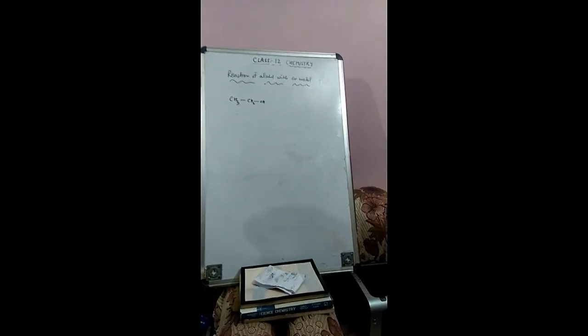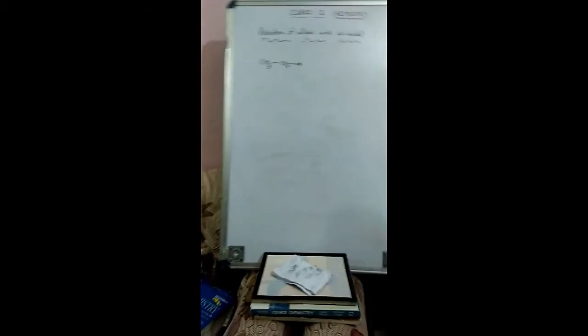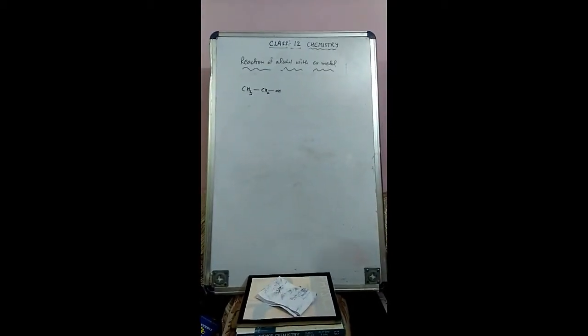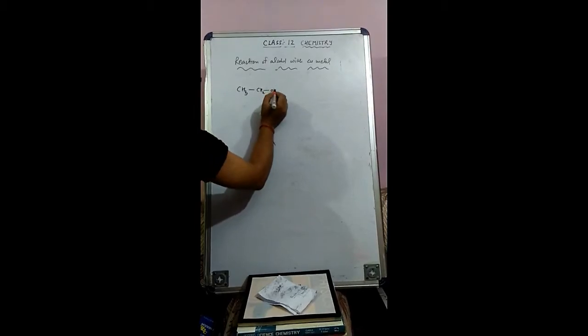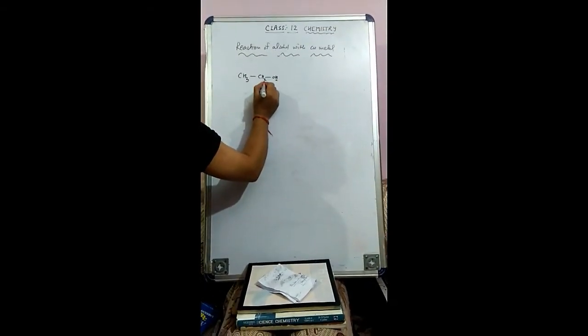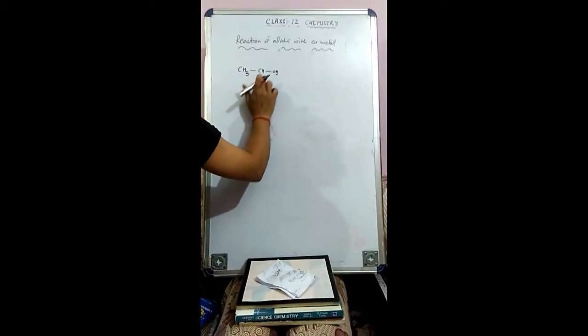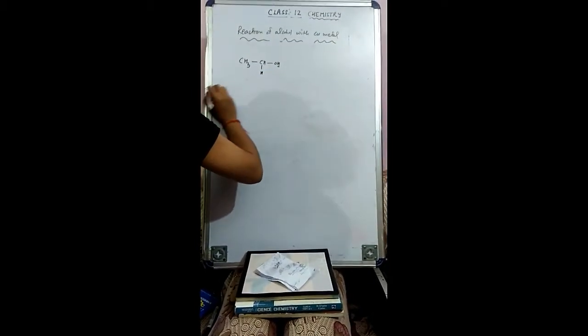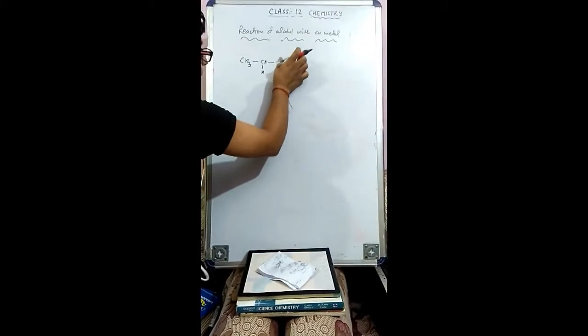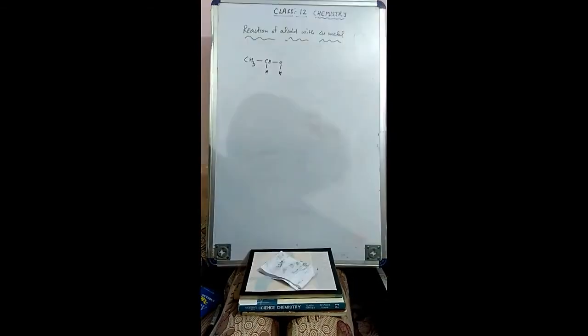If it reacts with copper, then how the bond will cleave, you can understand from here. The H from here and one H from the OH, I can write in this way.